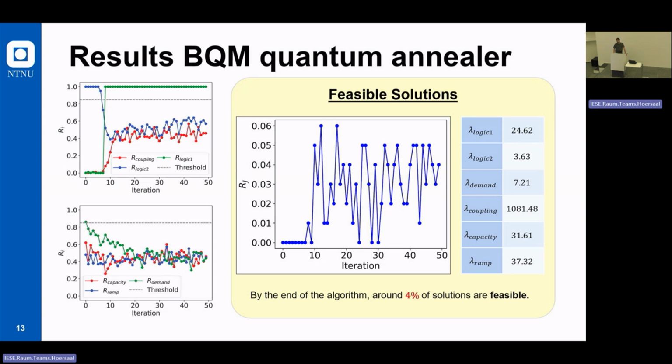On the right is the important feasibility ratio, which is what we call the joint feasibility ratio, which tells us the amount of solutions that are completely feasible, that meet all the constraints. And we see that by the end of the algorithm, which is at 50 iterations, the percentage of solutions that is feasible is 4%. And we obtain these values for the Lagrange multipliers.